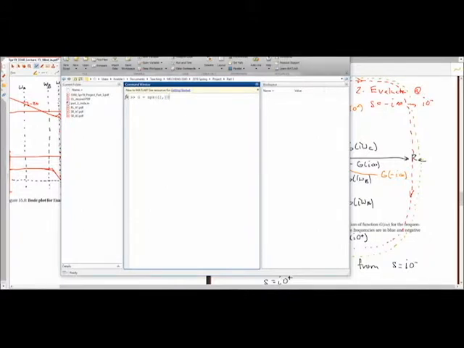Then we have poles at 0. Actually, let me do it this way. All right, so this would be a transfer function that looks a lot like what we're studying right now: second order underdamped with an extra pole at the origin.